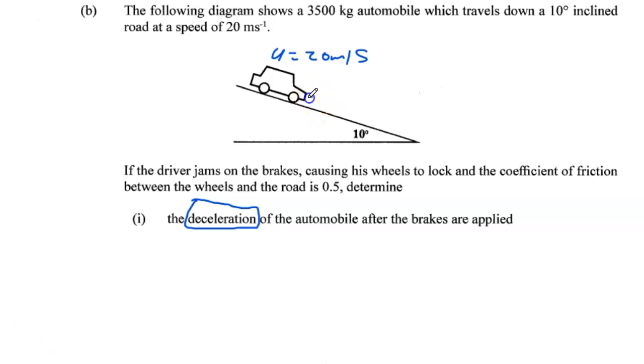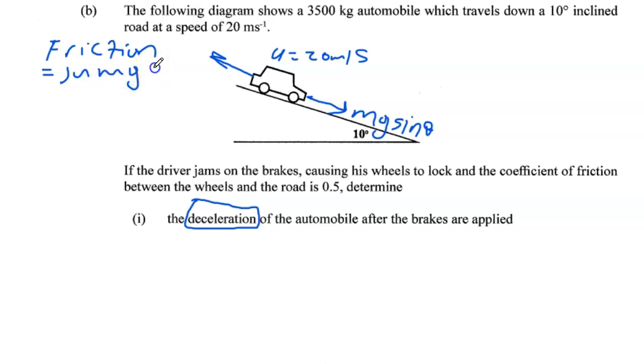So first, what will happen when the car starts to skid is that the component of this force is always mg sine theta going down. Opposing that will be friction, and friction is always mu mg cos theta.